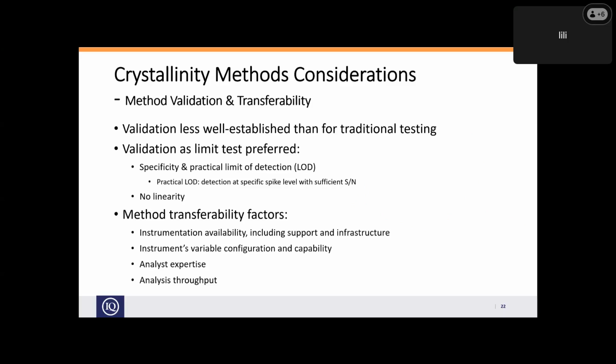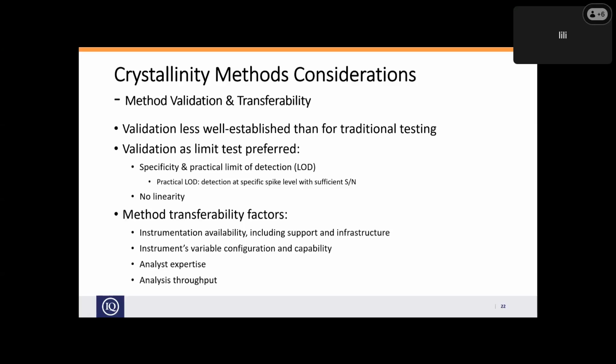For crystallinity methods, especially when they are entering late phase of development, method validation and transferability also need to be given proper consideration. Not like the traditional analytical techniques such as HPLC, crystallinity method validation is relatively less well established, and sometimes will need special careful design on how the validation should be carried out.